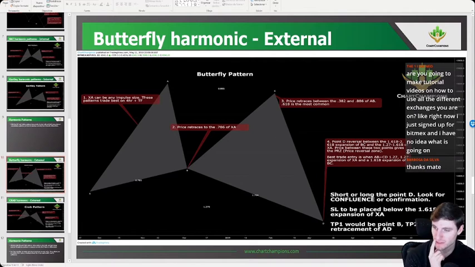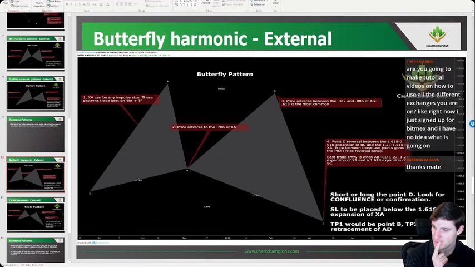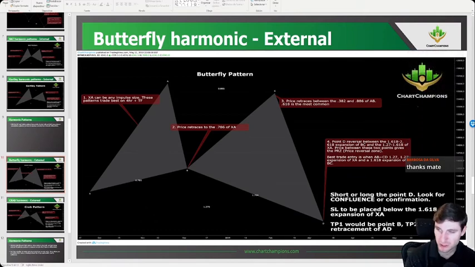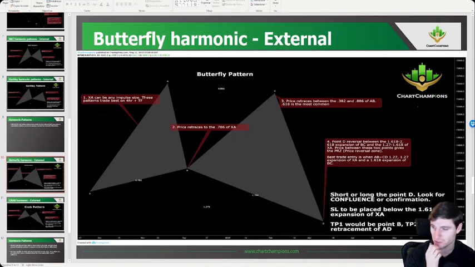Okay, cool, thanks for clarity. No worries at all. I will go through Bitcoin in a second, and I'll check that out to double check that. But yeah, 100% POC with another level of confluence from the harmonic is really, really good.